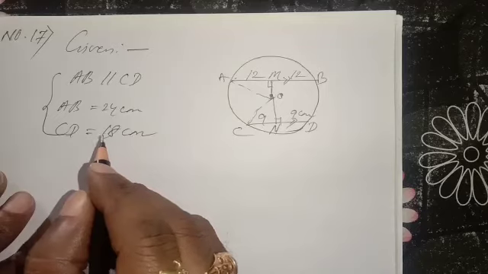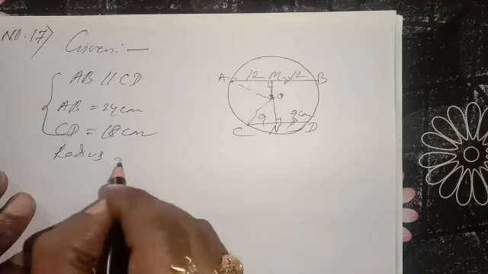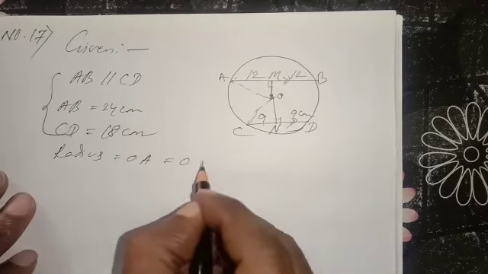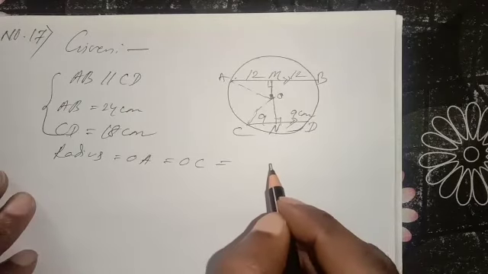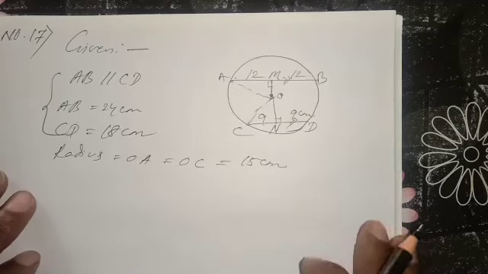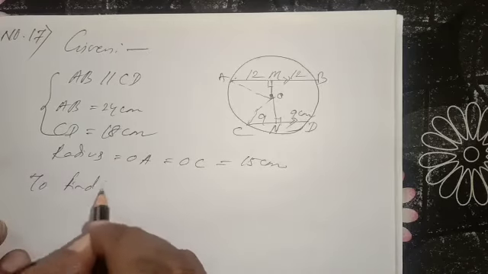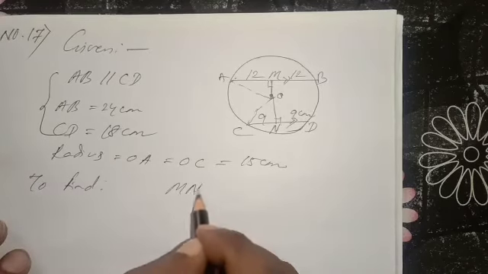And one more thing given, radius. So here radius is OA, which is equal to also OC, equal to 15 centimeter. And you have to find out distance between two chords, that is M, N.